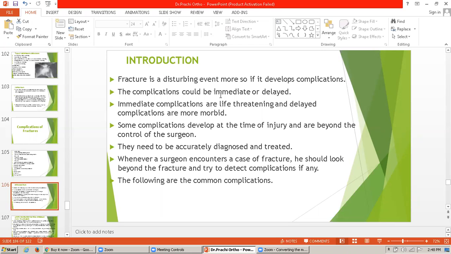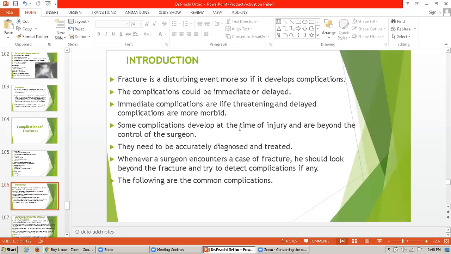The complication could be immediate or delayed. Immediate complications are life-threatening and delayed complications are also more mortal.